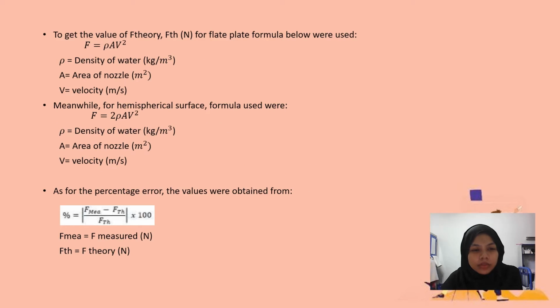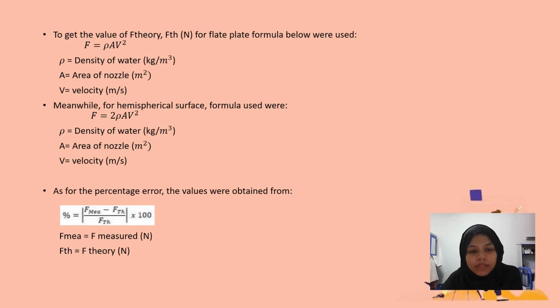And then for the next one, to get the value of the theory force, denoted as FTH in Newton unit, for the flat plate, the formula used is F equals rho AV squared. In this unit, rho is the density of water in kg over meter cube, A is the area of nozzle that we have calculated earlier in meter square, and V is the velocity in meter per second.